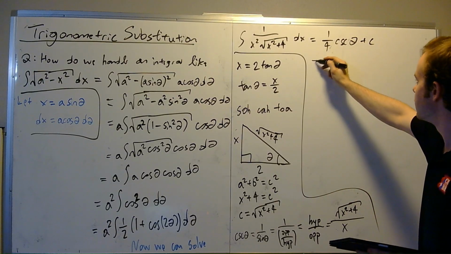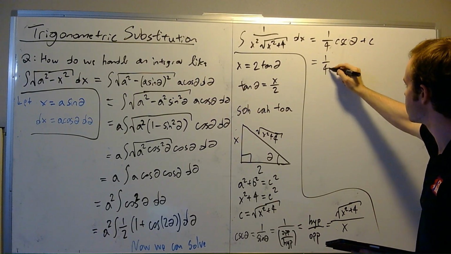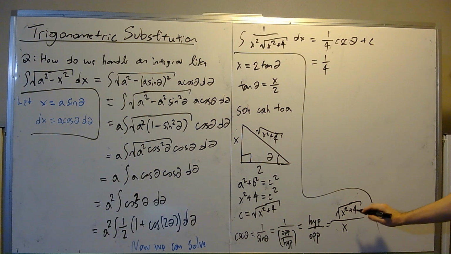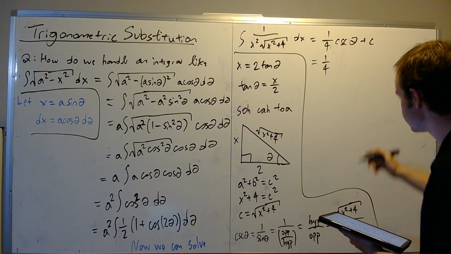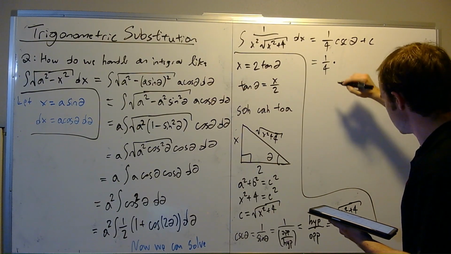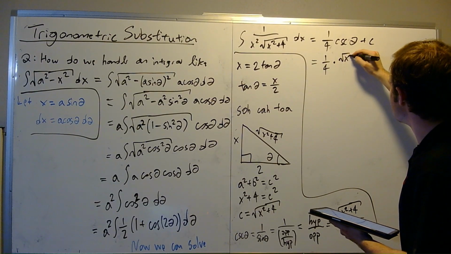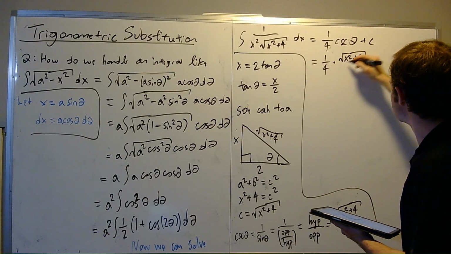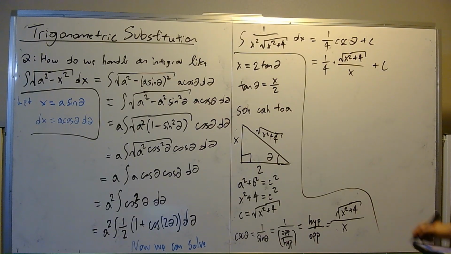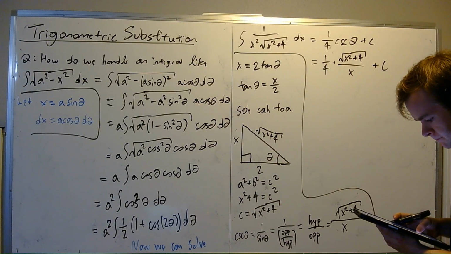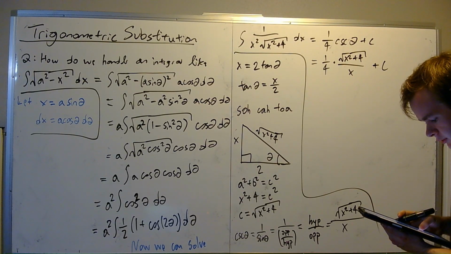And now up here we have 1/4 times cosecant theta. We replace that with this, so this is times square root of x squared plus 4 over x plus our constant c. That would actually be our answer there.